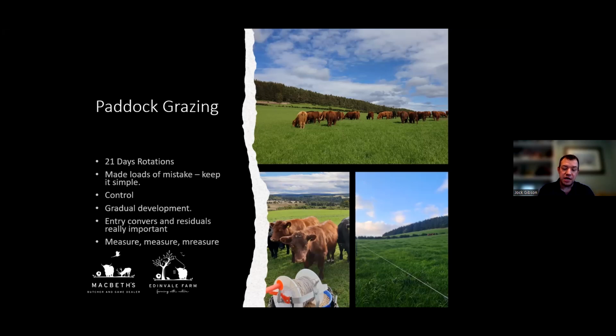Where we had the rotation, we were always able to keep grass in front of our cattle, so that they always had good quality feed in front of them, and were maintaining good live weight gains of over 1 kilo a day.